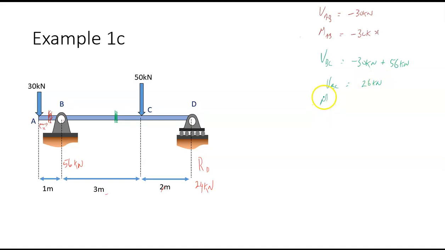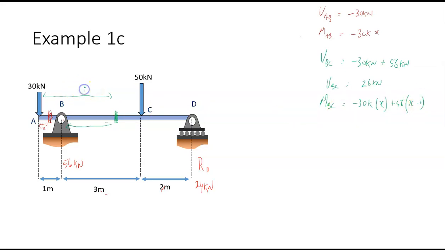And I want to get the moment from B to C. That moment there is equal to minus 30 k times x, and this one here is going in the opposite direction, so it's plus 56, and that distance is going to be x minus 1.